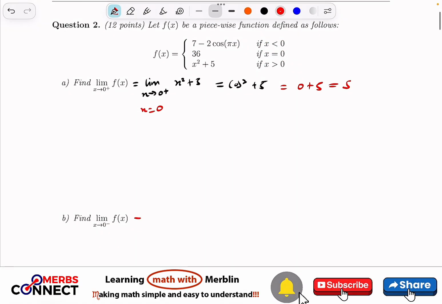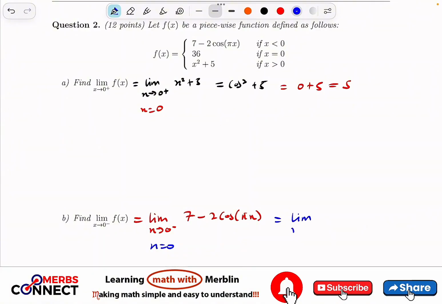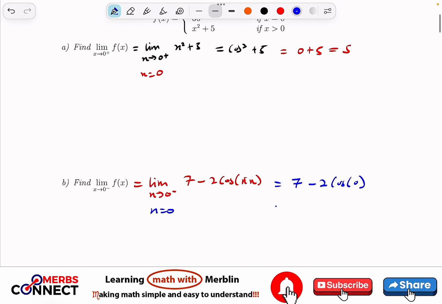So this is going to give us the limit as x approaches 0 from the negative of 7 minus 2 cos pi x, and I'm going to set x to be equal to 0. So we are going to have 7 minus 2 cos of 0. And what is cos of 0? Cos of 0 is 1, so this is 7 minus 2, and this is going to give us a big 5.